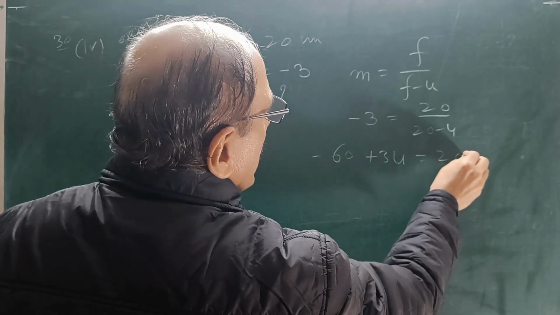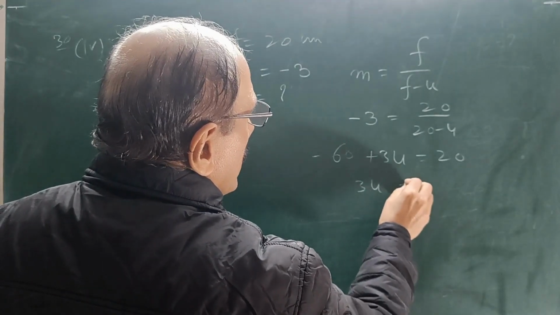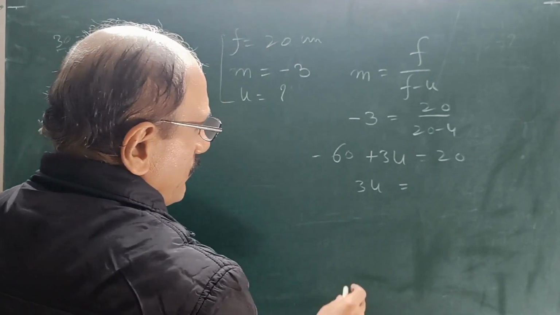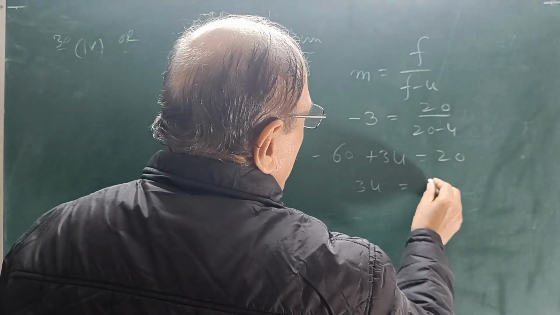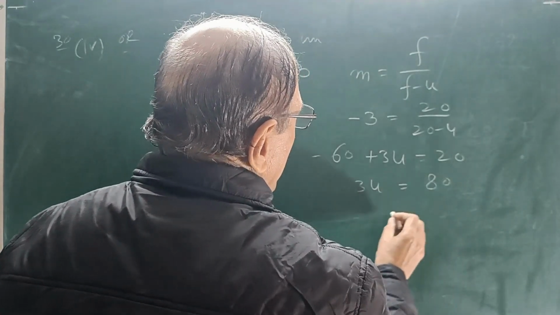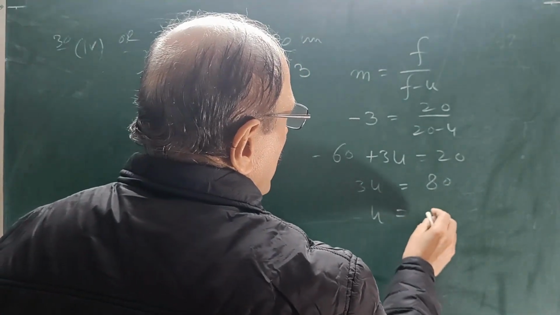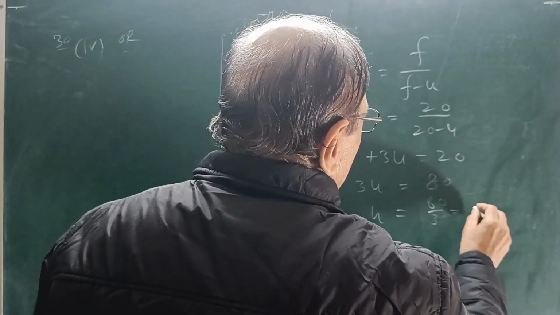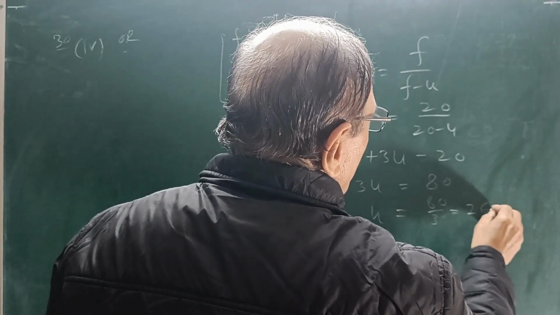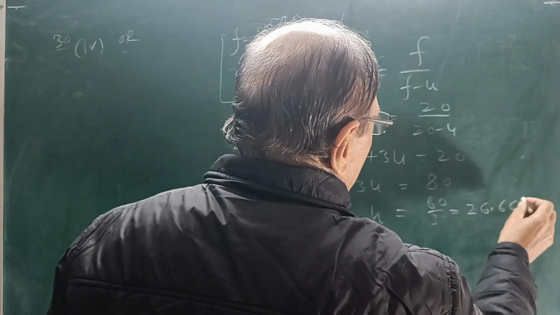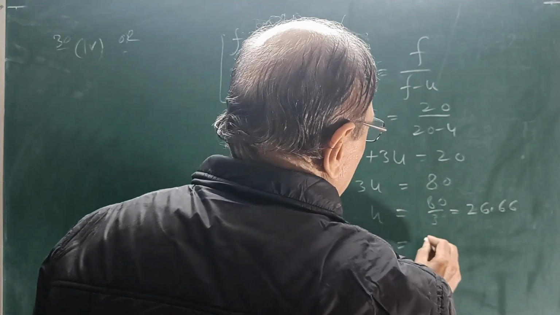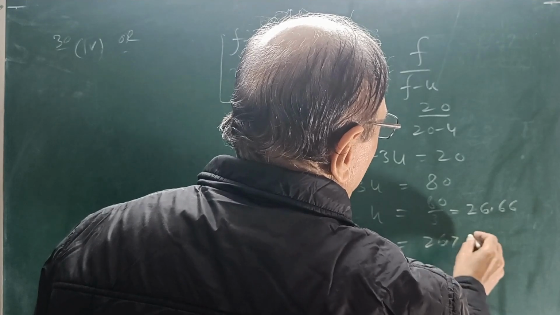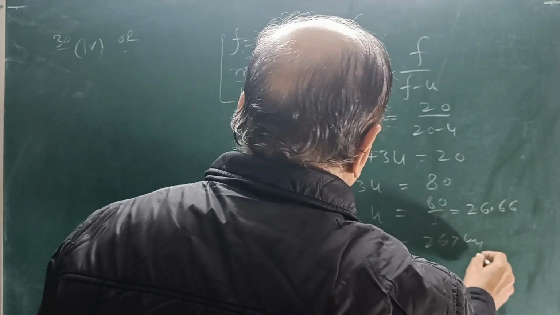So 3u equals 80, so u equals 80 by 3, that is 26.66, or you can say 26.7 centimeter.